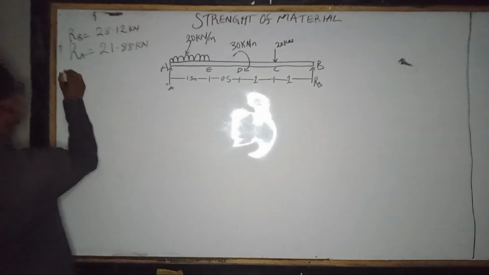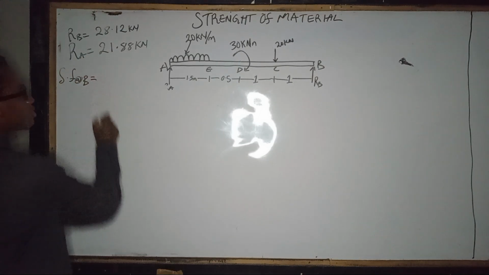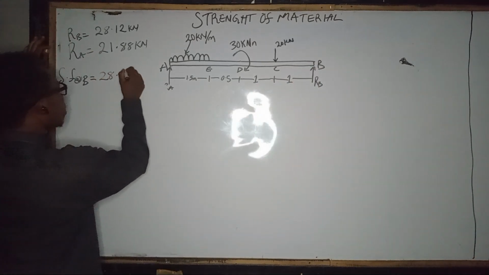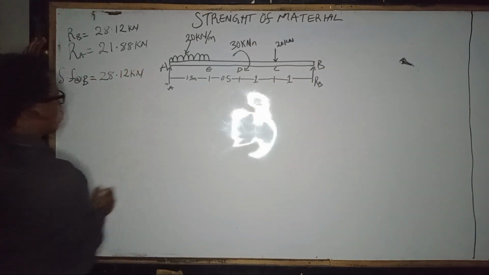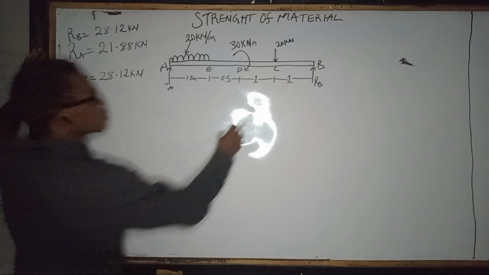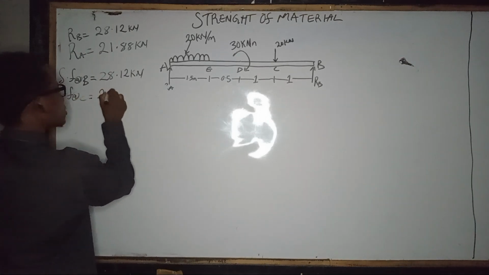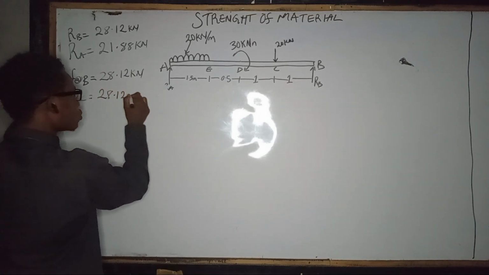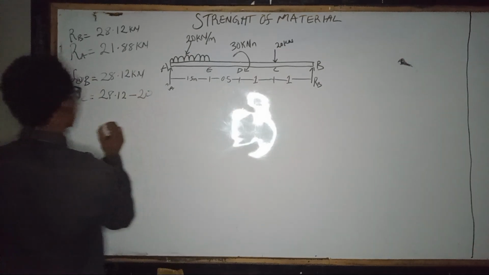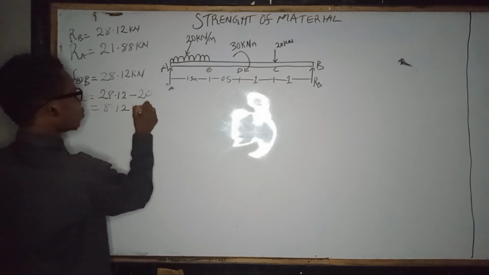So now the shearing force at B will be equal to the reaction at B, which is 28.12 kilonewton. And the shearing force at C here will be equal to 28.12 minus this 20 here, so it will now be equal to 8.12 kilonewton.